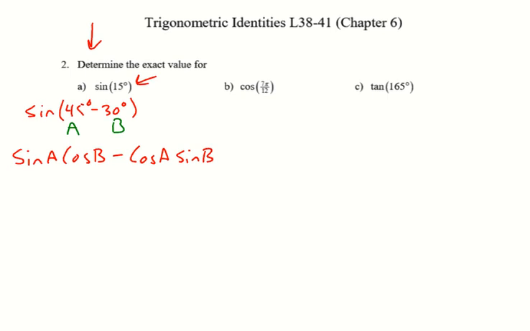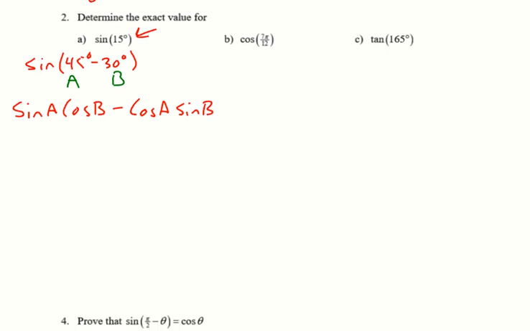Now hopefully we can figure this out as an actual exact value. Sine A was sine 45 degrees, times cos B, which was 30 degrees, minus cos A, so cos 45 degrees, times sine B, which was 30 degrees. Now that it's written like that, I know what each of these is. I can figure those out from my unit circle.